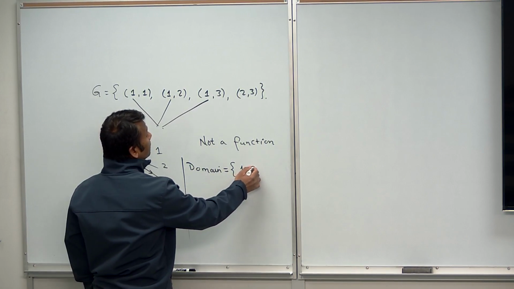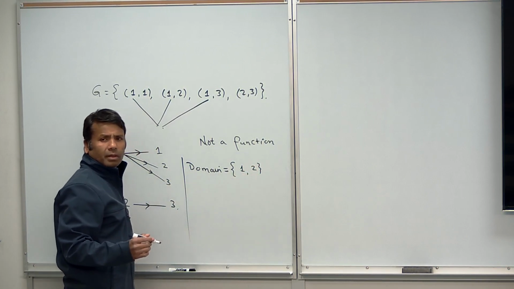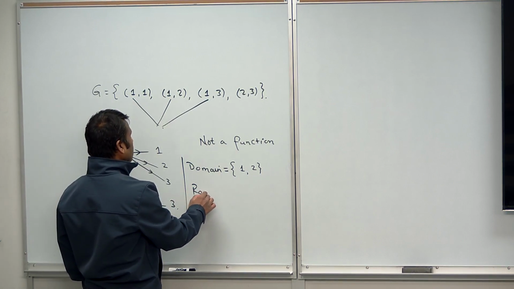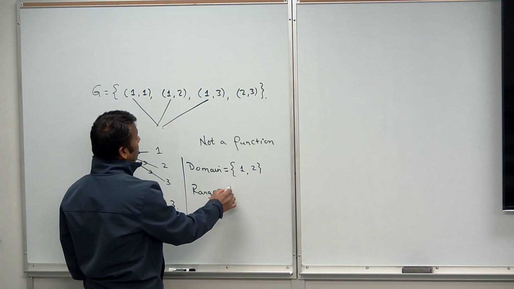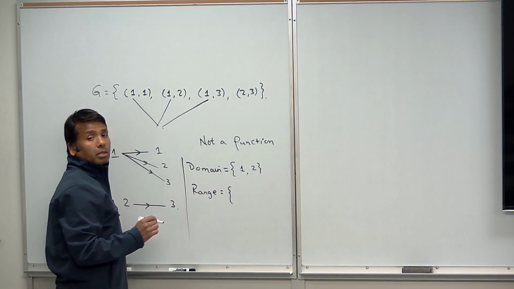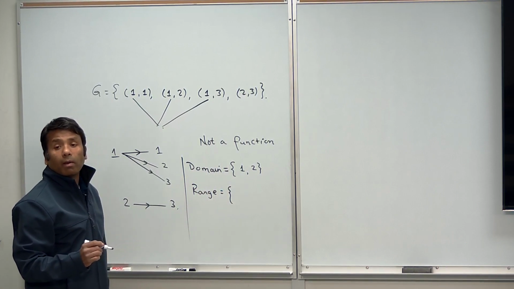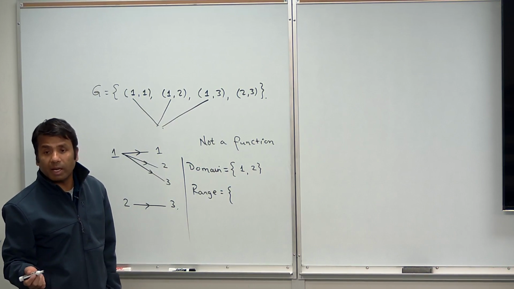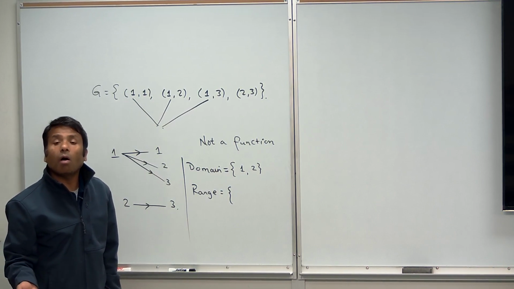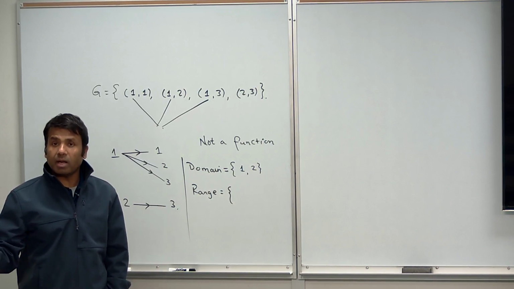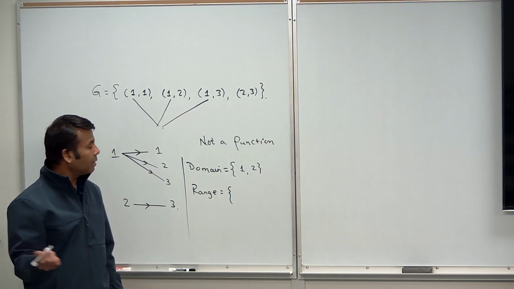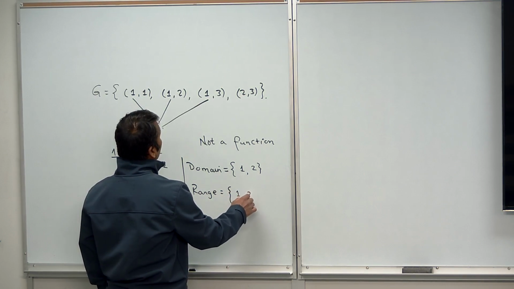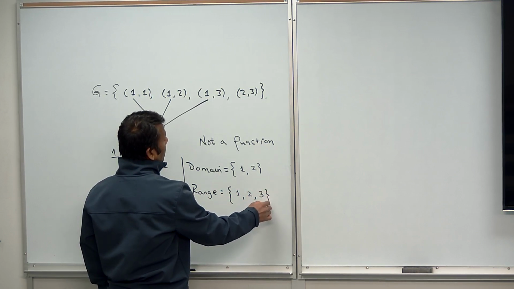So 1, 2. That makes sense? And what is the range? 1, 2, 3. Yes, the range is the set of all y values. And y is what? Dependent variable, right? Set of all values of dependent variable. Make sense? So now this range is going to be 1, 2, 3.